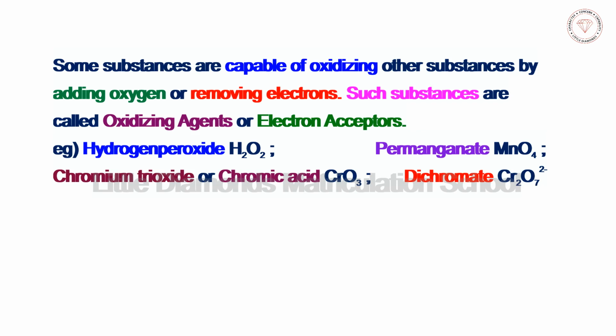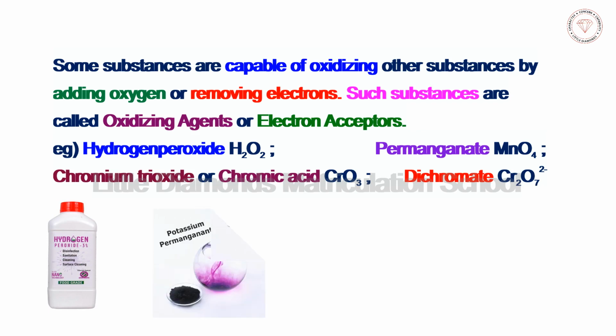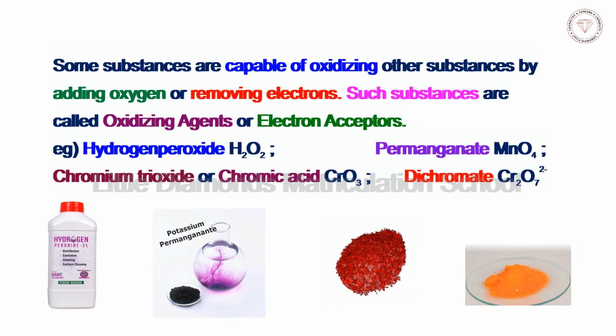Such substances are called oxidizing agents or electron acceptors. Example, hydrogen peroxide H2O2, permanganate MnO4, chromium trioxide CrO3 or chromic acid, dichromate Cr2O7 2-. These substances take part in oxidation reactions and promote oxidizing.